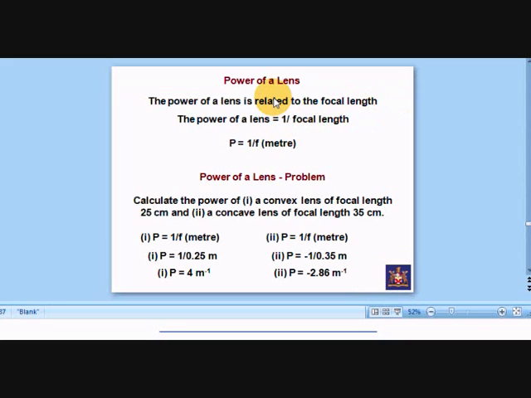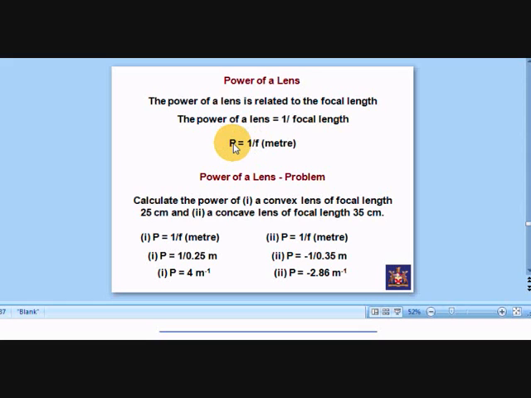You've also got the power of a lens as well, and this is a pretty interesting thing, and it's related to the focal length. What it means is, how short is the focal length? Because the shorter your focal length, the more powerful the lens.